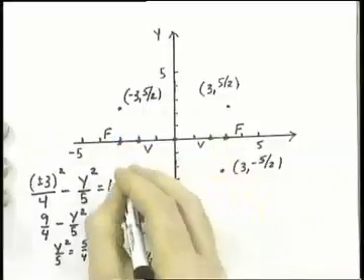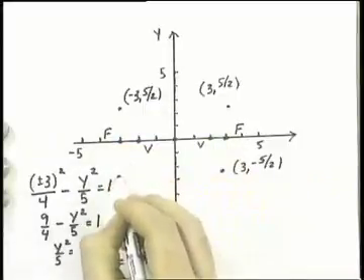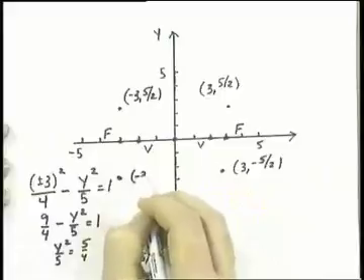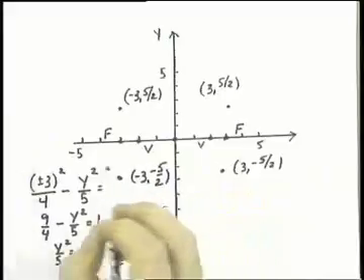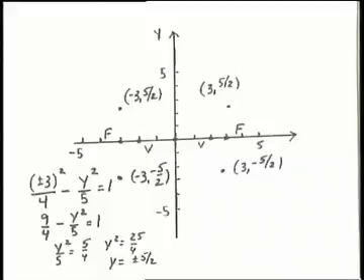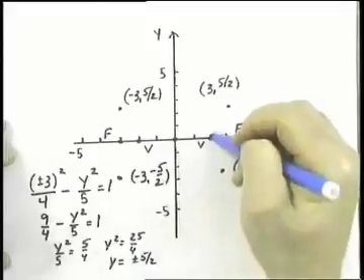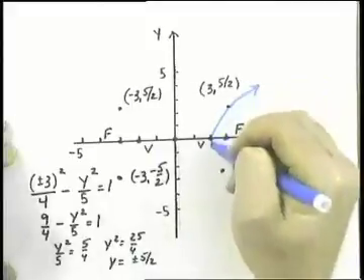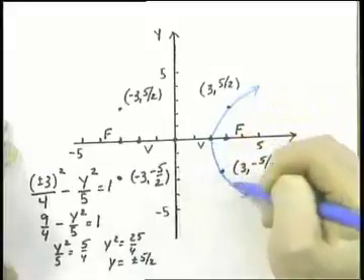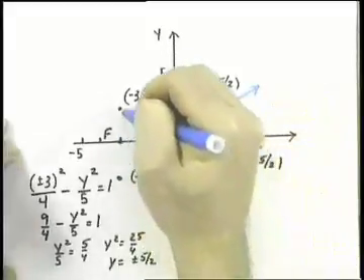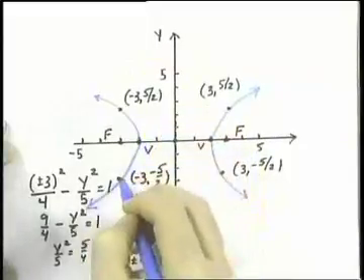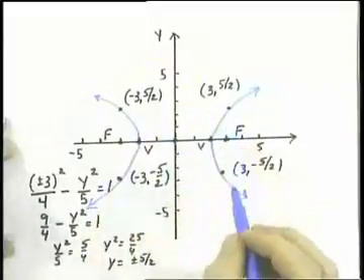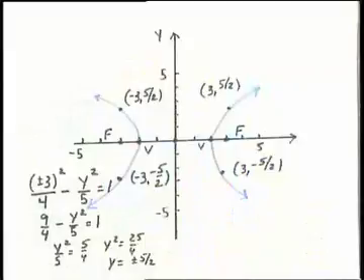And I have a point at negative 3, negative 5/2. I use all these points to graph in my hyperbola. So I go through that point, and I go through that point. I'm at my vertex, I go through that point, and I go through that point. These points assist me in determining the opening of the hyperbola.